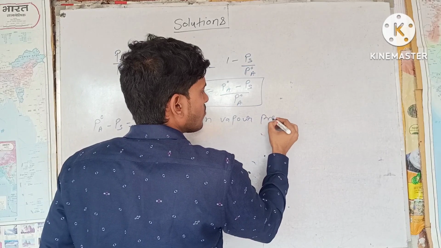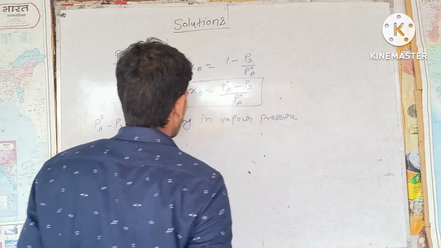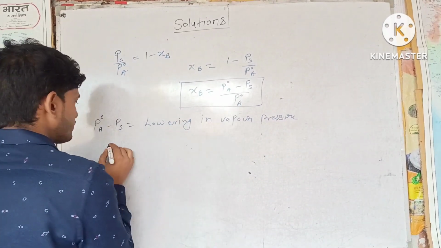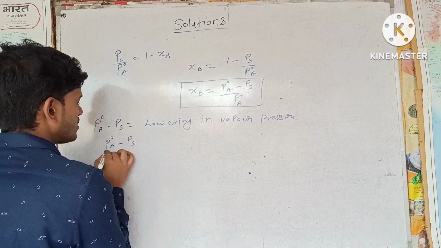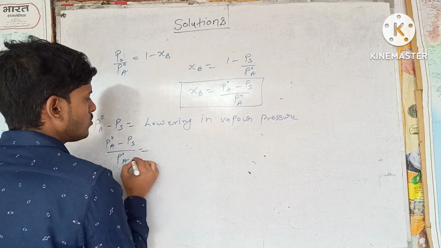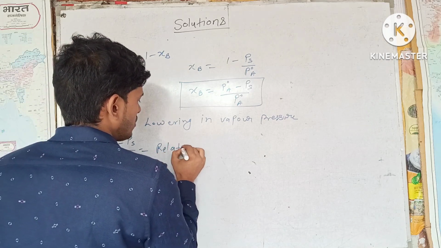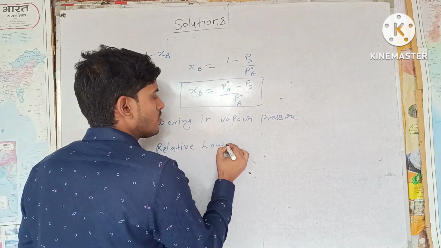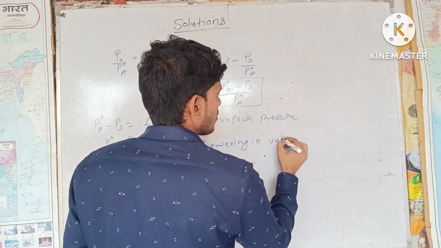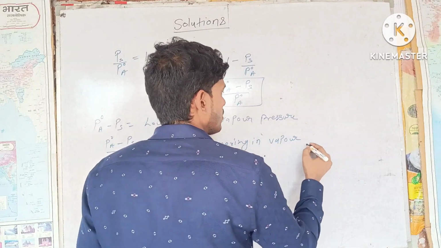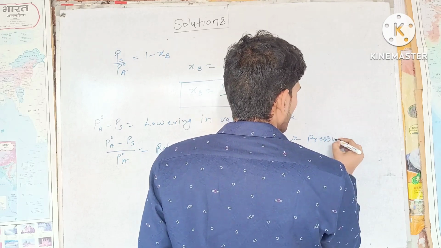vapor pressure. Okay, and P naught A minus PS upon P naught A equal to relative lowering in vapor pressure.